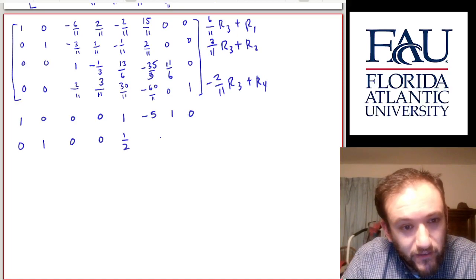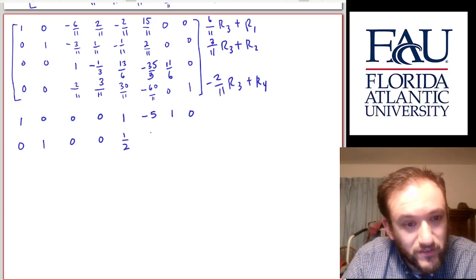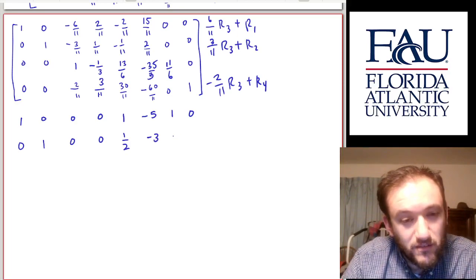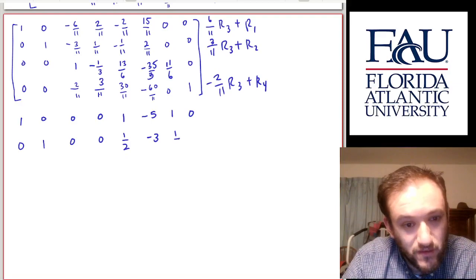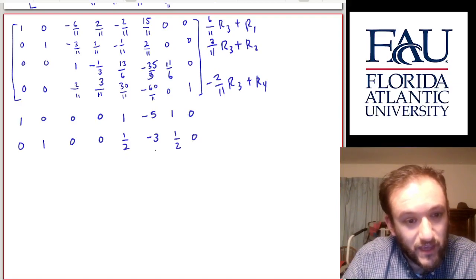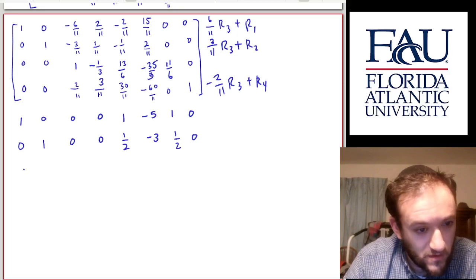And then we have minus 35 over 11 plus 2 over 11 is minus 33 over 11, or minus 3. Then this 3 over 11 times 11 over 6 is 1/2. So we get 1/2 here and 0. Okay, next row stays the same.